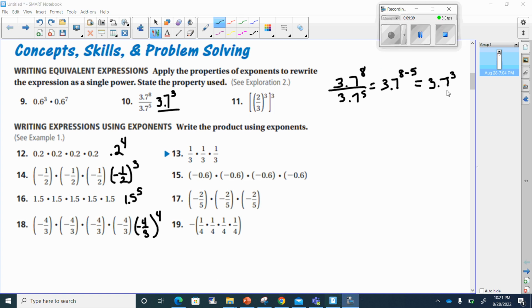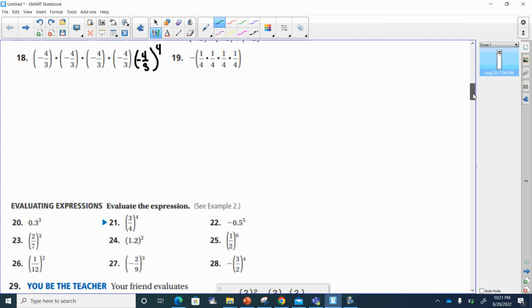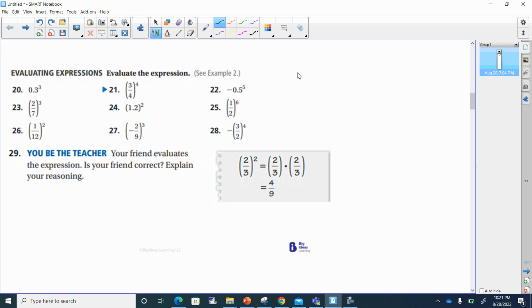All right, let's move on. When I go to number 20, I have to work some over here. Evaluate, in other words, solve it. 0.3 to the 3rd power. So if I'm using my calculator, and let's not forget how to write this, it would be 0.3 times 0.3 times 0.3, right? I know 0.3 times 0.3 would be 0.09, right?